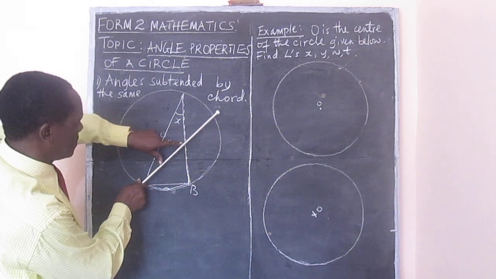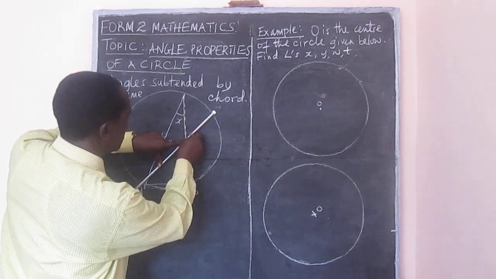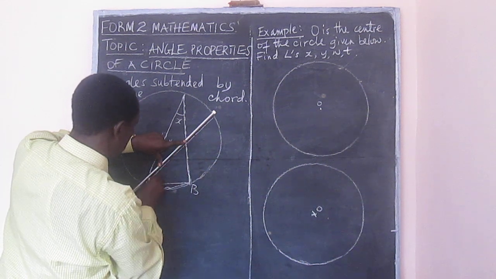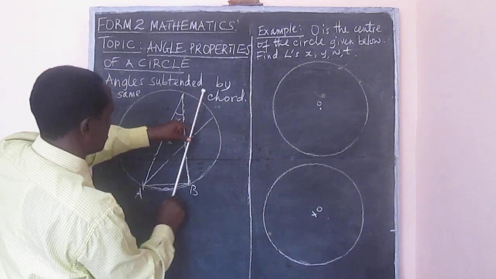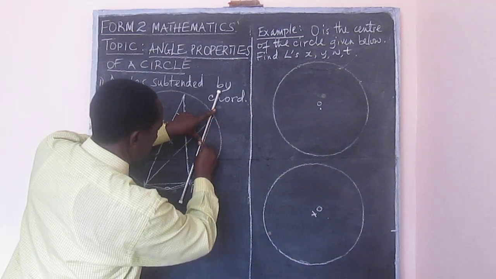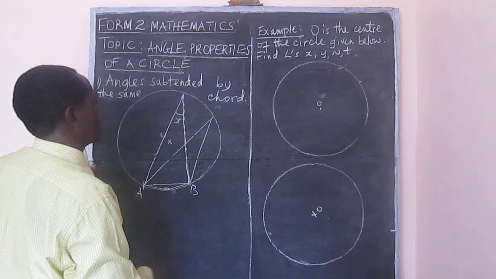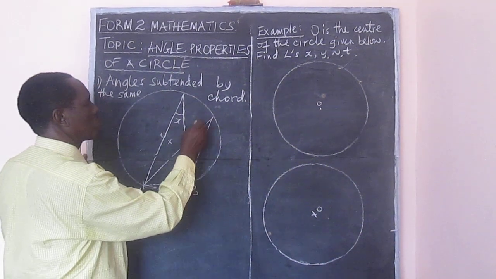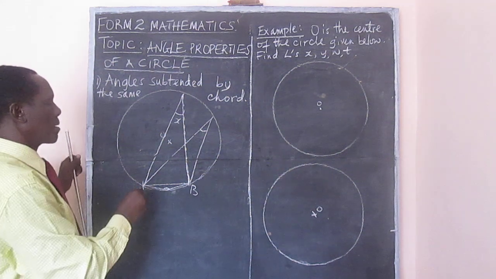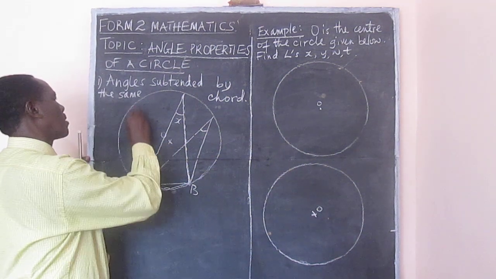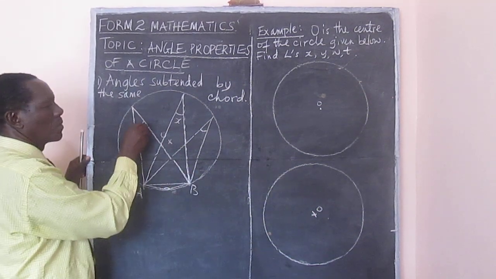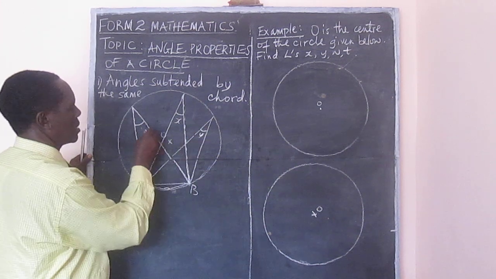Confirm what the angle subtended on the same part of the circumference by the same chord will be. Find out what this angle will be, and do the same with other angles. You can subtend more. You can call this one Y. You can call this one Z.